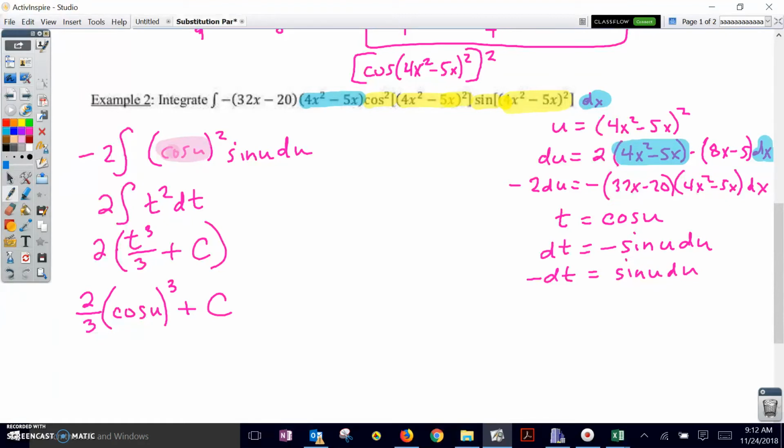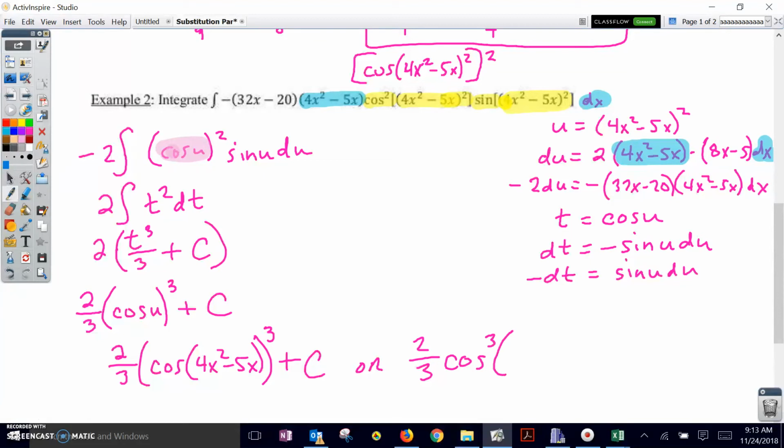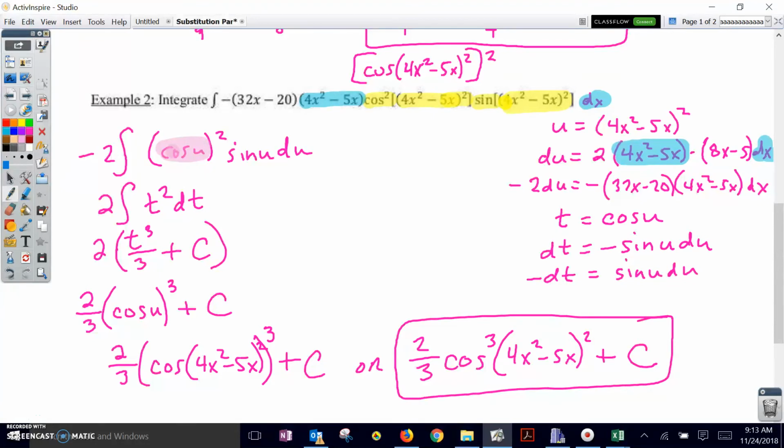And then I want to bring u back. 2/3 cosine of the quantity 4x squared minus 5x, all of that to the third, plus c, or 2/3 cosine cubed of the quantity, oops, when I brought my u back, I forgot my second power. And there's my integral for that very complicated looking function.